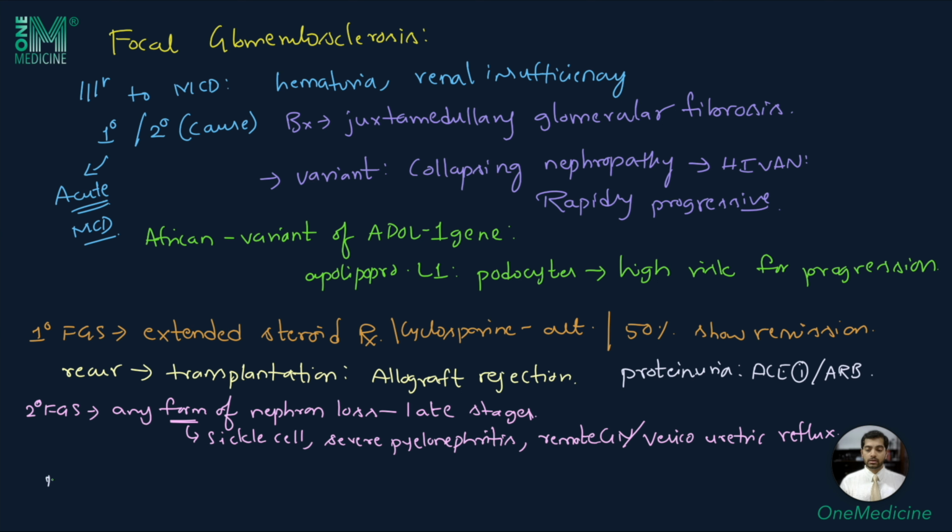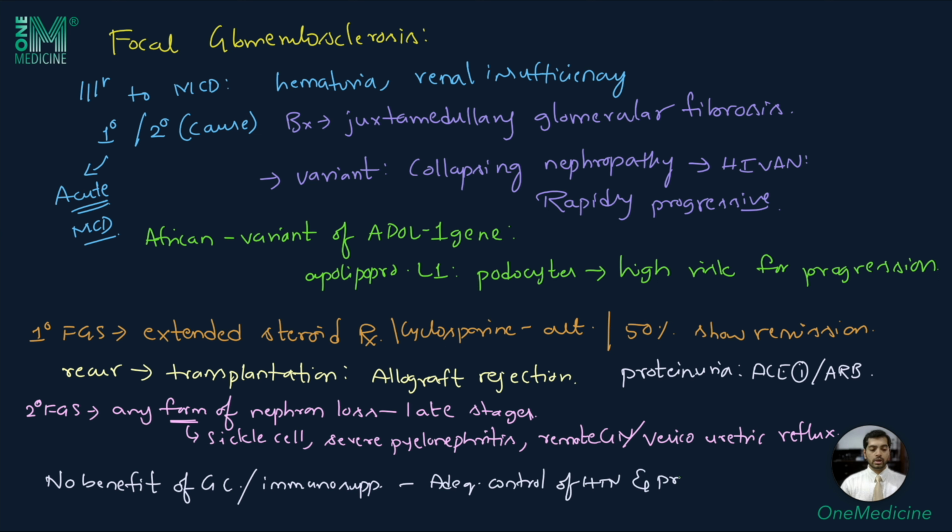In these patients, there is no benefit of glucocorticoids or other immunosuppression, and they will require adequate control of hypertension, and proteinuria is managed by ACE inhibitors or angiotensin receptor blockers.